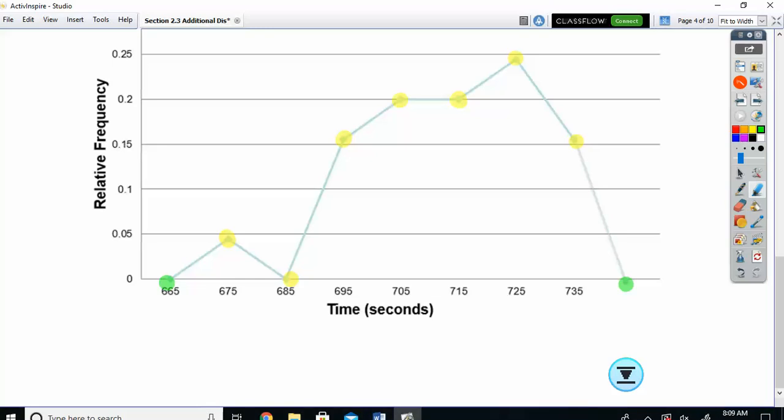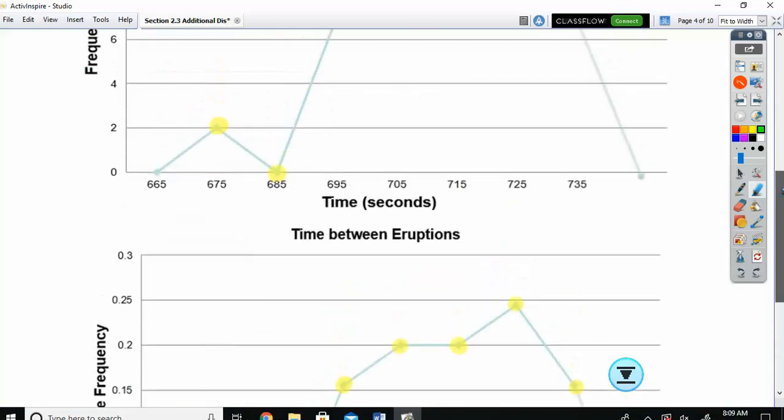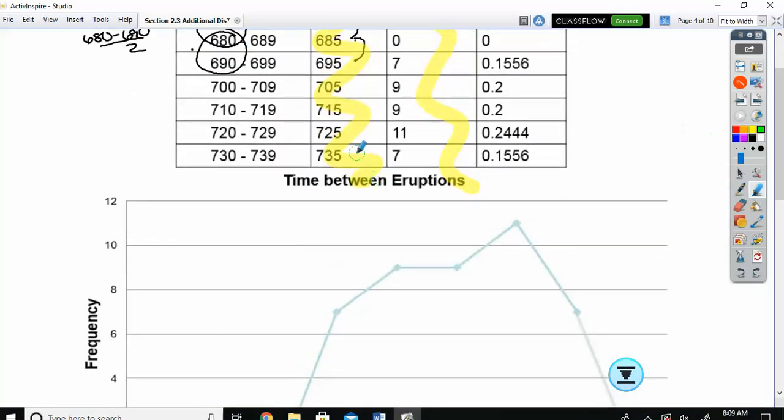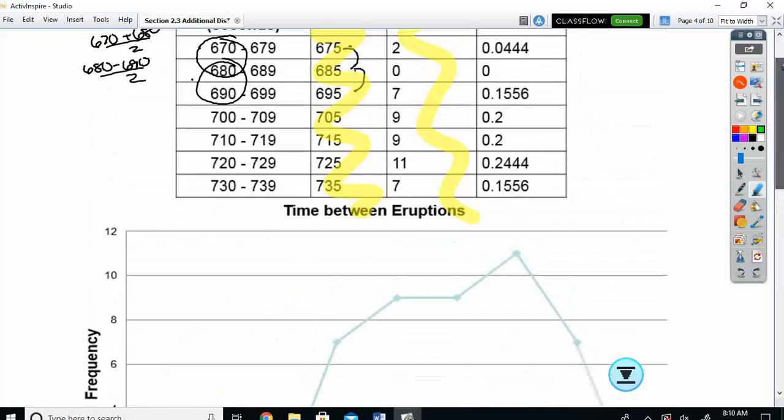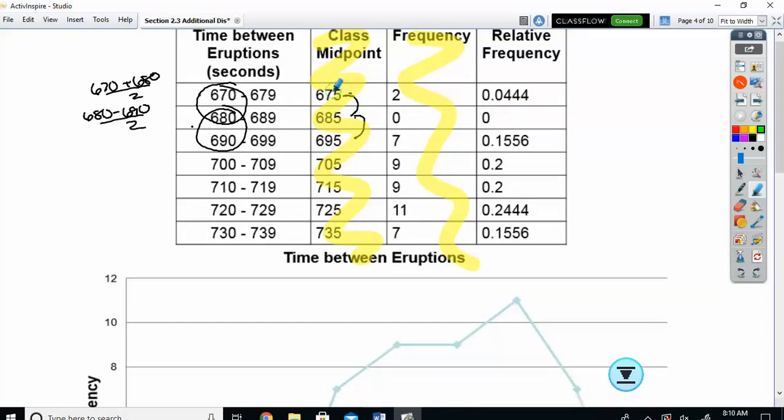So essentially you will add a point before and after at 0 every time. To find those x values, you just have to follow the same pattern. So if I'm looking at this data, my last midpoint was at 635, so at 645 I'd be back to 0. The first one at 675, so the one before that would be 665. You would be at 0.